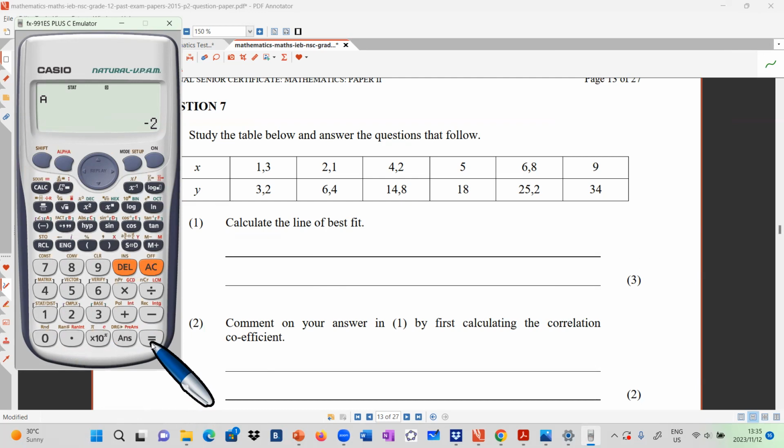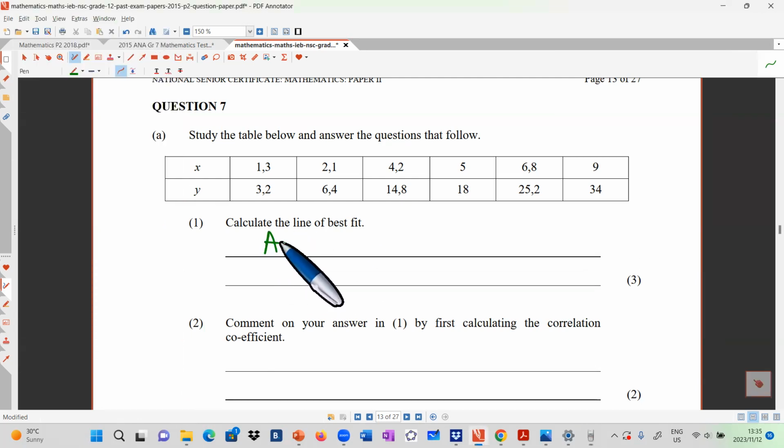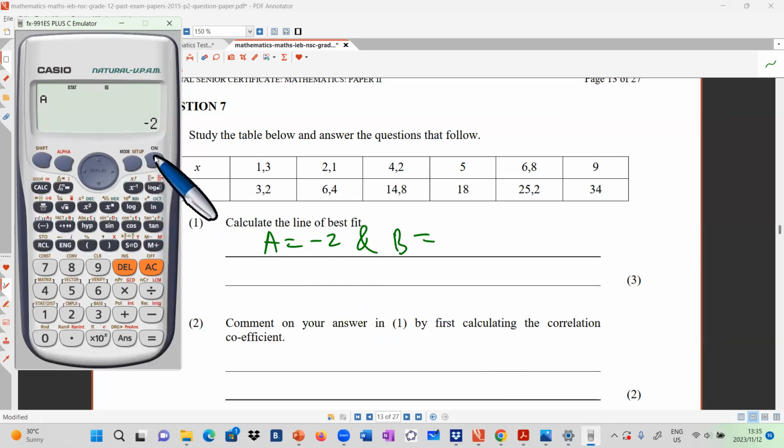As I said, we're going to run really fast on this. We're not going to waste a lot of the time here. So A is -2 and B equals, right, the calculator is still there. We're going to shift stat, then regression 5, and then we're going to do 2 for B, and then B equals 4.